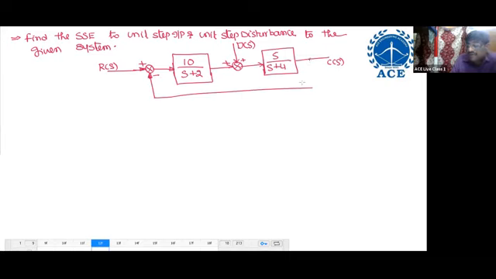Come on, Guruji, come on, solve it. Error is always with R of S only. Come on, tell the answers.